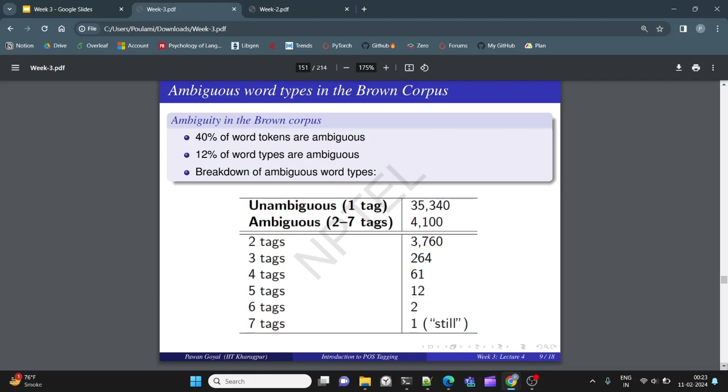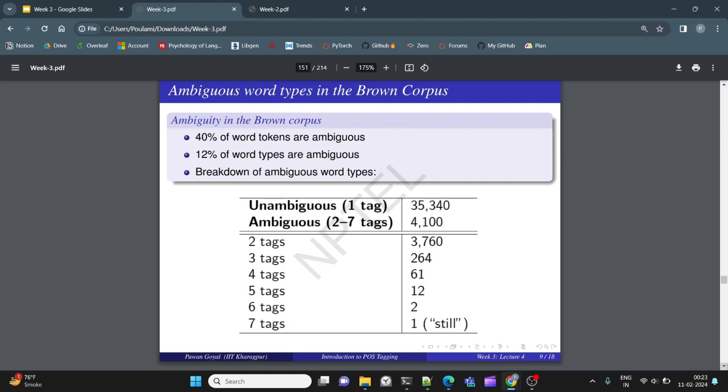In the Brown corpus, it was observed that there were 35,340 instances where it had only one tag, whereas there were 4,100 words which were ambiguous, which had 2 to 7 tags.